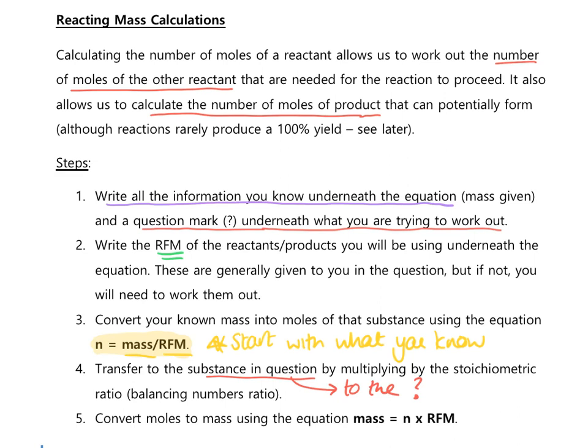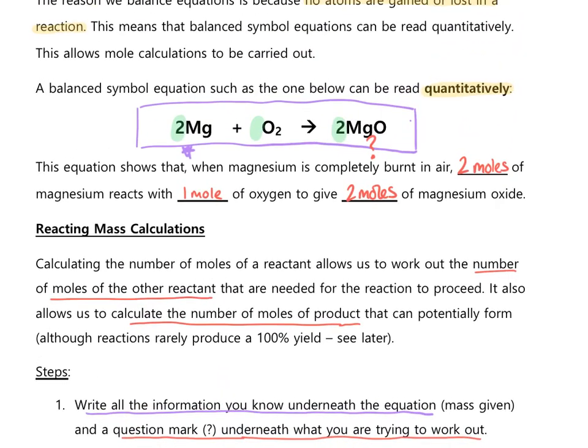You're given a complicated phrase here that says the stoichiometric ratio. The stoichiometric ratio simply means the balancing numbers ratio. So if we went back to our equation up above, you can see that if I was going from magnesium to magnesium oxide, if I was bringing my number of moles over, my ratio of balancing numbers is 2 to 2, because there's a 2 in front of my magnesium and a 2 in front of my magnesium oxide.